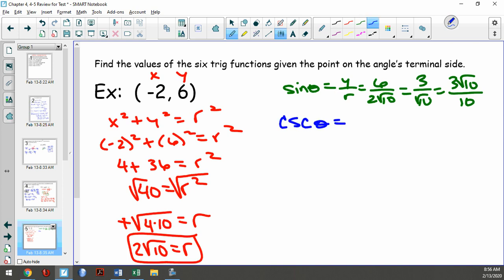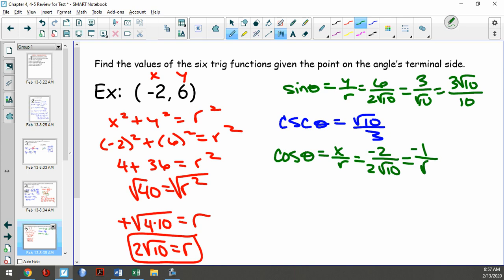Cosecant of theta is simply the square root of 10 over 3. Yes? Now I need to find cosine. Cosine of theta is going to be x over r, and that's -2 over 2 square roots of 10, which is -1 over the square root of 10, which is negative square root of 10 over 10.